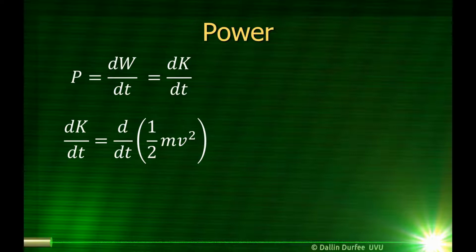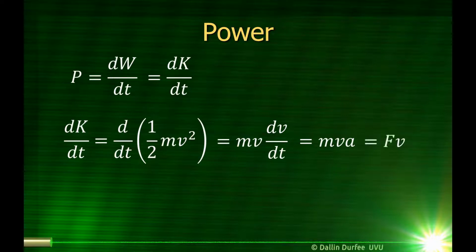And the derivative of v squared with respect to v, of course, is just 2v. So I do that derivative, and I just get mv dv/dt. But of course, dv/dt, the change in velocity with respect to time, is just acceleration. So power is the derivative of kinetic energy with respect to time, and that's just equal to mv times acceleration.